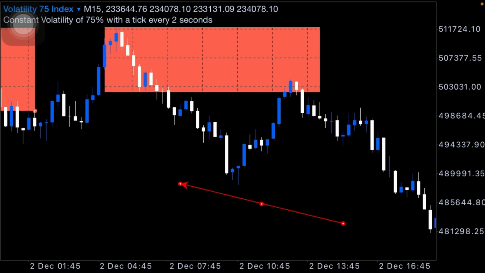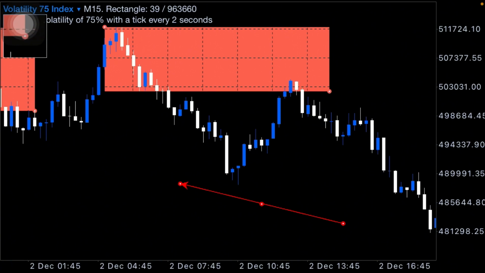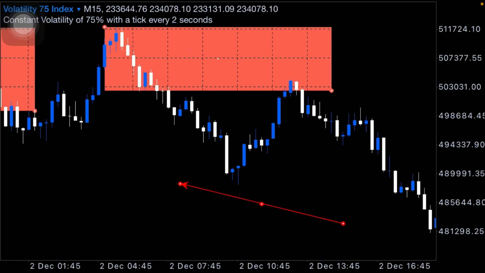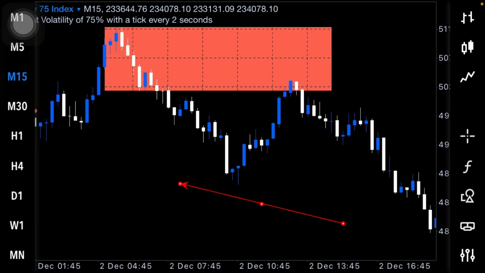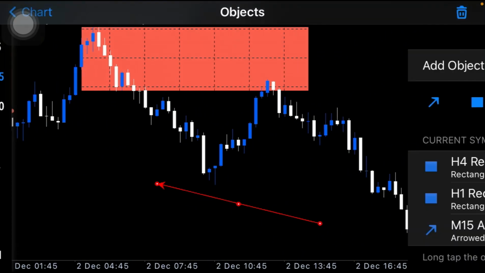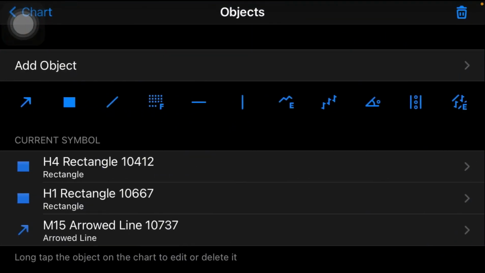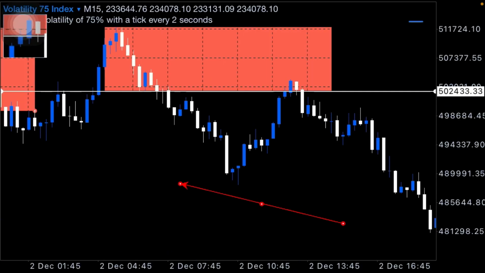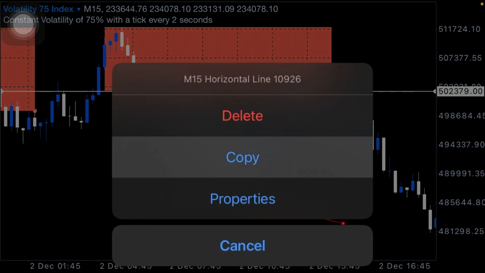So you are going to place your pending order right at the tip of the order block like this. Let me pull out the horizontal line and place it using the horizontal tool. So you are going to place your buy limit, your sell limit here.